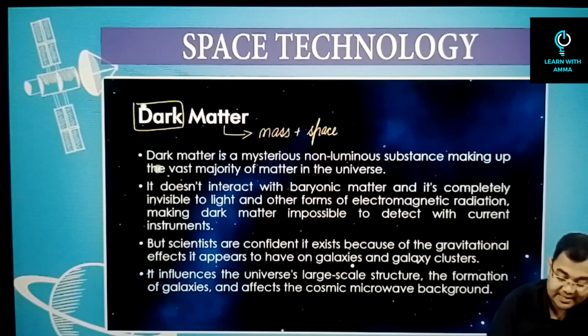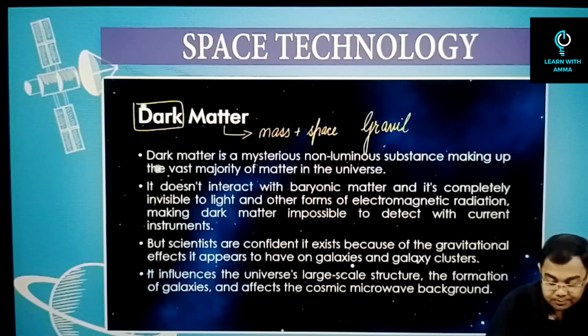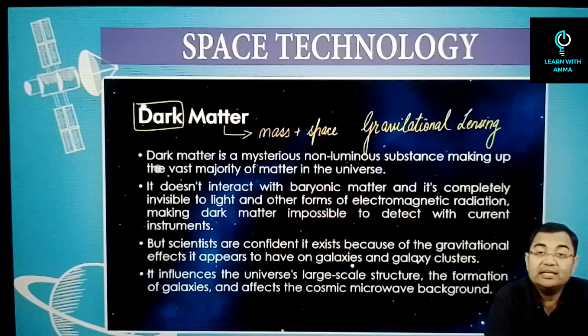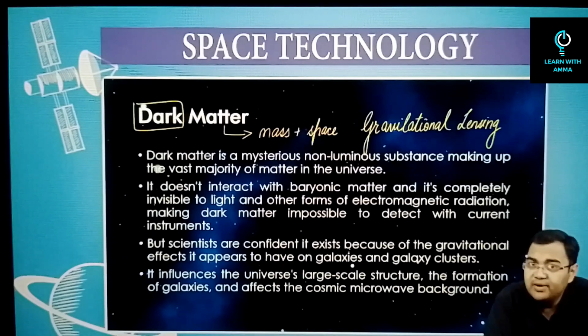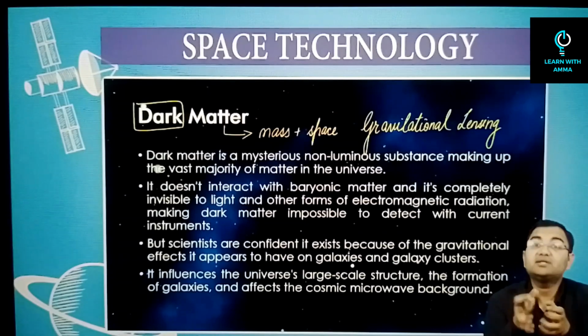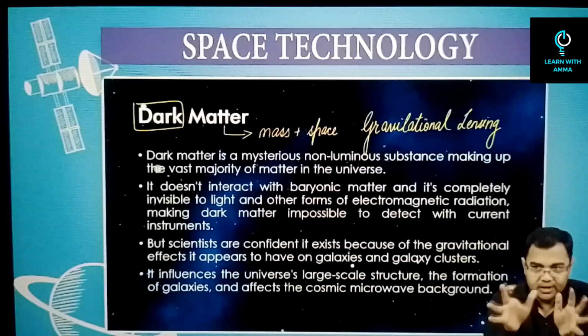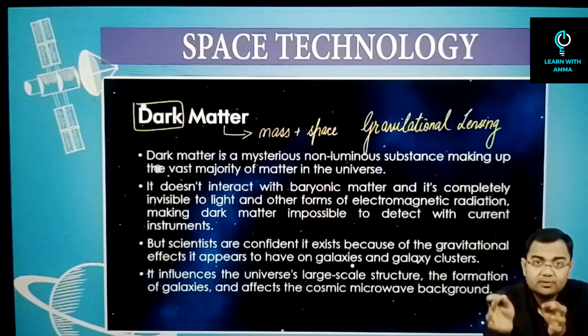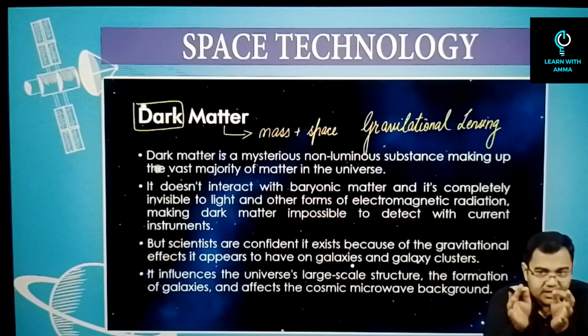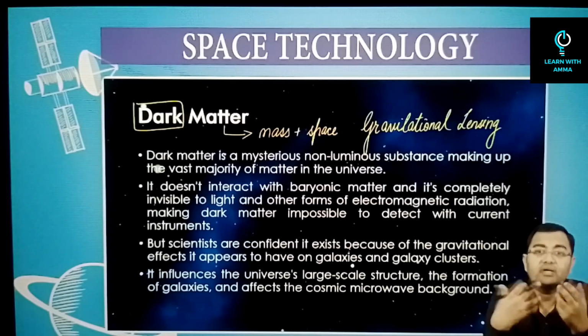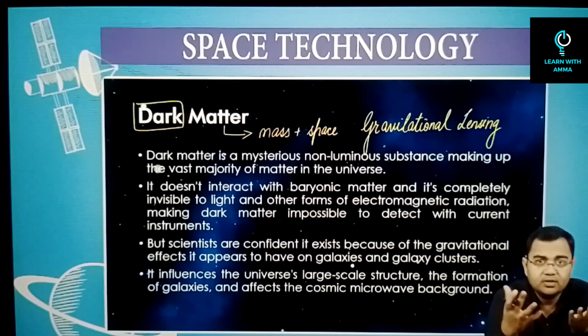Things like gravitational lensing. We'll discuss what gravitational lensing is separately also. But gravitational lensing is a gravitational effect. So if gravitational lensing is being observed for a given galaxy, then there must be matter, because it is having gravitational force. Gravitational force is always associated with mass.